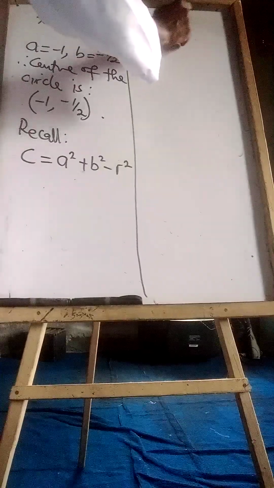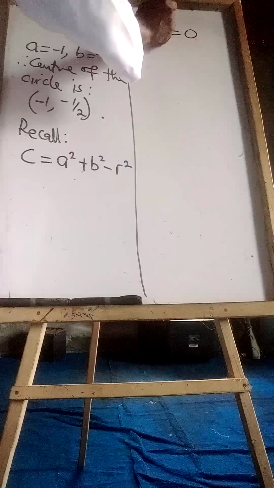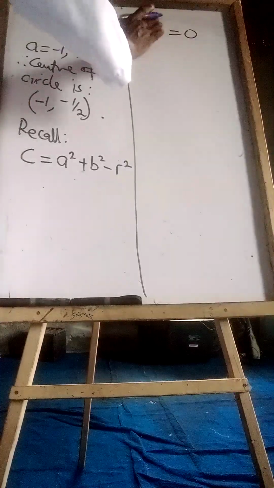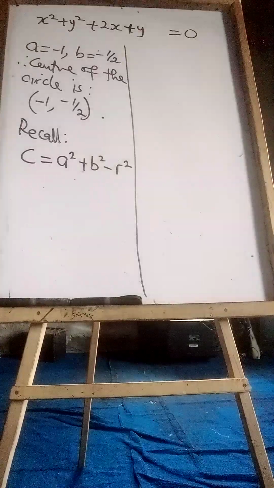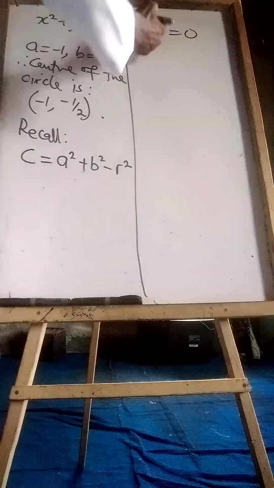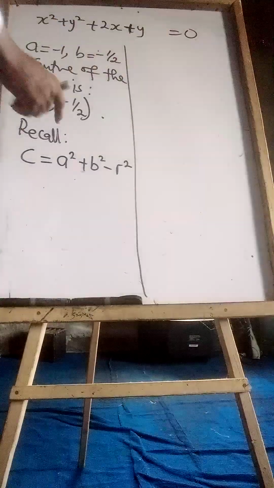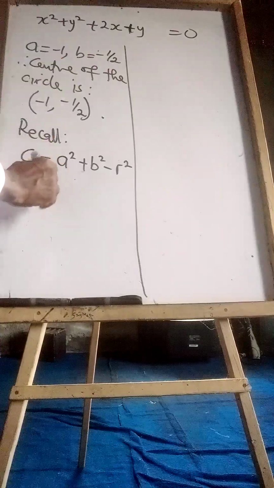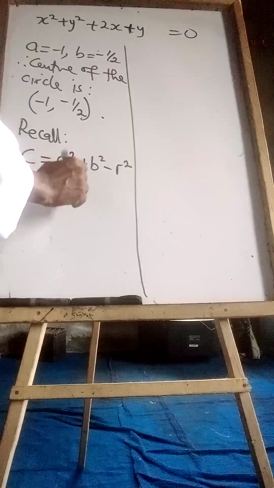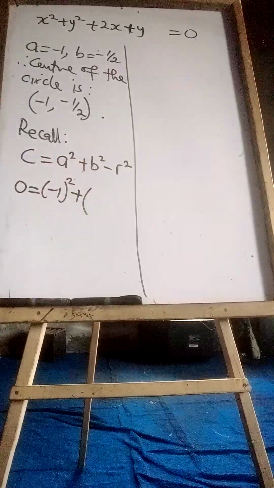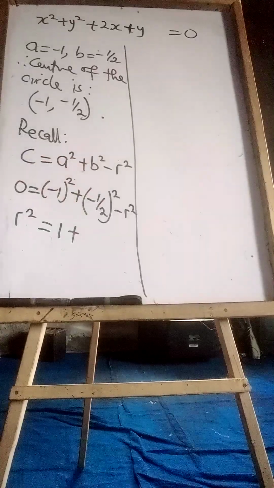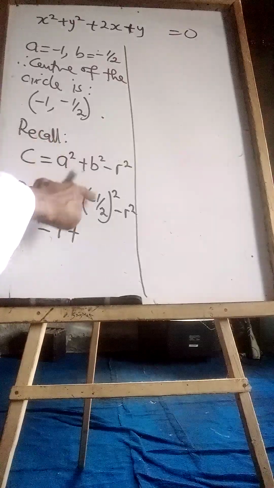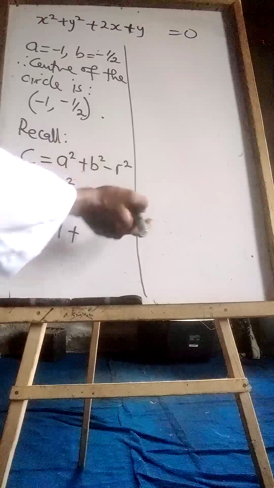Supposing that we have, let's assume, maybe minus 3 here now. That means c will be equal to minus 3. But since there is nothing, if you go back to the equation we arrived at, that means c is equal to 0. Therefore, 0 is equal to a squared, which is minus 1 squared, plus minus half squared, minus r squared.